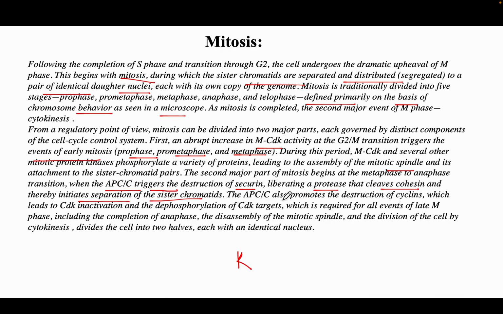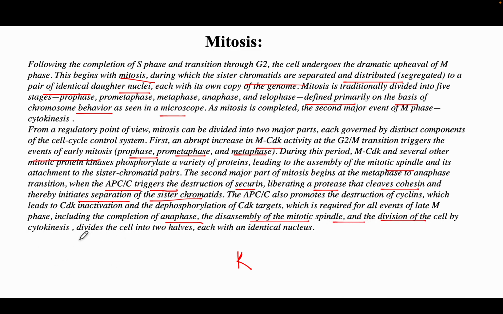APC/C also promotes the destruction of cyclins, which leads to CDK inactivation and dephosphorylation of CDK targets, which is required for all events of late M phase, including the completion of anaphase. The completion of anaphase means the disassembly of the mitotic spindle and the division of the cell by cytokinesis.